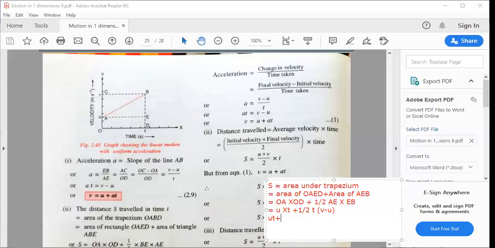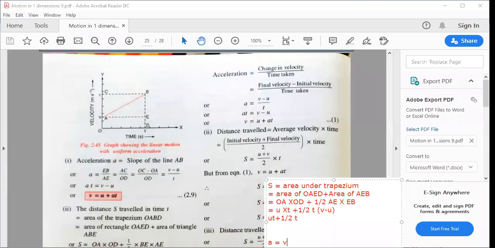Okay. Now, half. Can I see T? You put it here only. Don't disturb that T. Can I write V minus U as what? If you know, what is A?